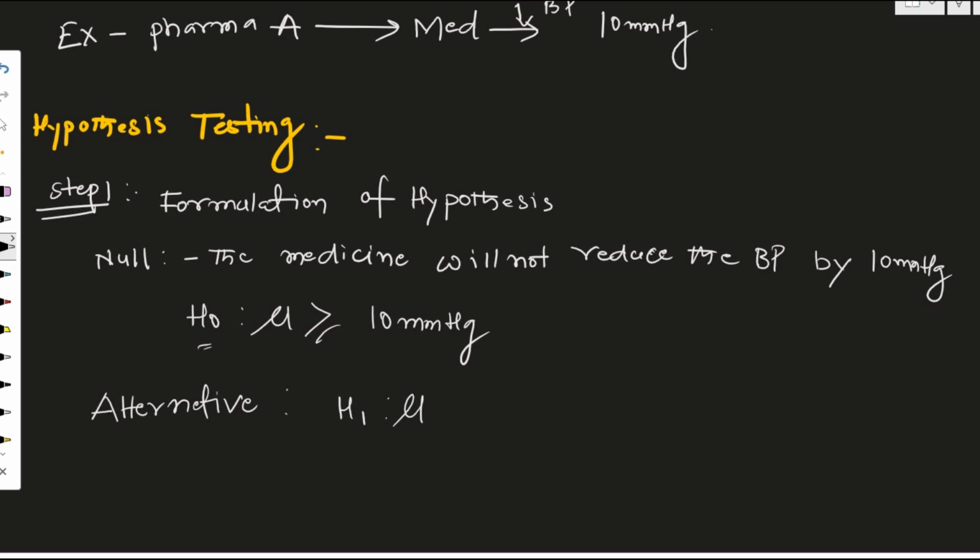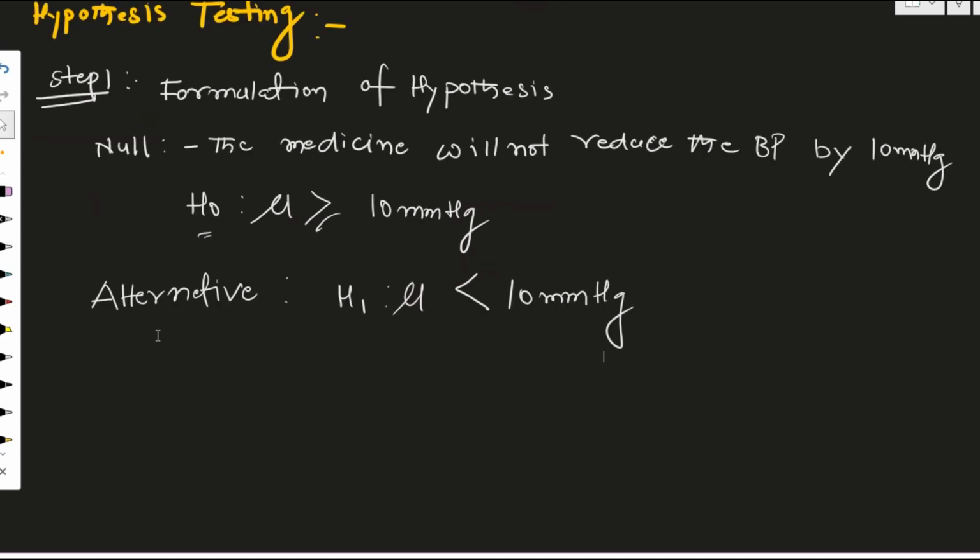In the case of the alternative, we will consider that it will be less than 10 mmHg, because the company is claiming that it is going to reduce the BP at least by 10 mmHg. So for H naught it is greater than or equal to 10 mmHg, and the alternative hypothesis says that it will be less than 10 mmHg.